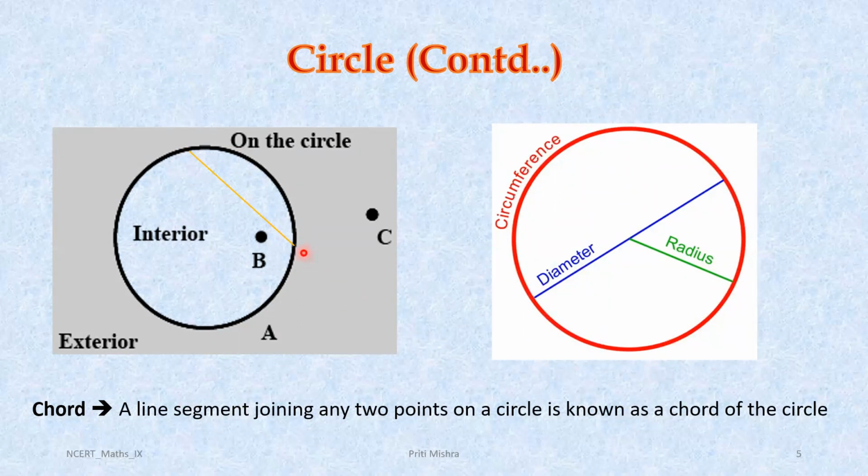Chord means the line segment joining any 2 points on the circle, and diameter is a chord which is passing through the center of the circle, and this is the longest chord of the circle, and you can have many diameters in a single circle, right? So diameter is the longest chord, and circumference is the perimeter of the circle. The length which we are covering through this path, meaning the perimeter of the circle, is known as circumference.